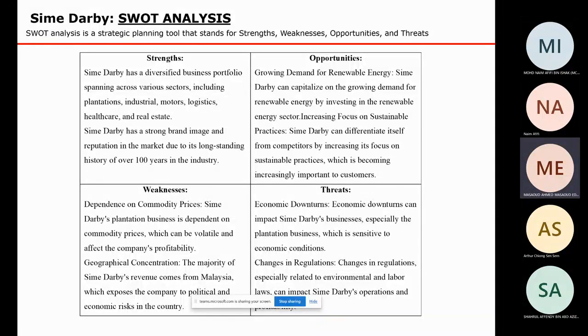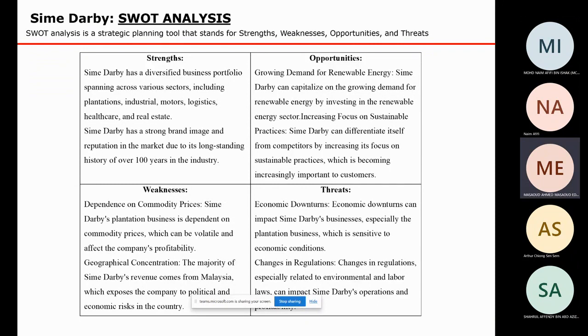As for opportunities, Sime Darby can capitalize on the growing demand for renewable energy by investing in the renewable energy sector, with increasing focus on sustainable practices. Sime Darby focuses on what the customer needs and makes an impact there. That's where they get growth. As their weakness, Sime Darby Plantation businesses depend on commodity prices, which can vary and affect the company.